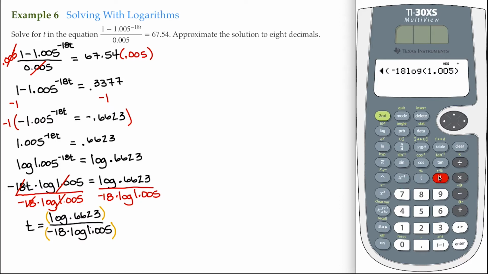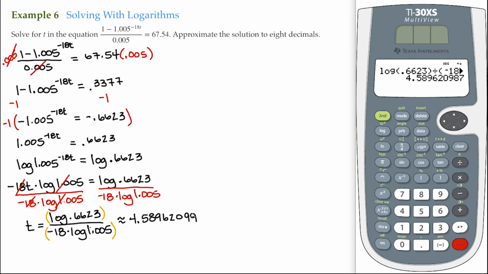Close that off, and then close off the denominator, this part right here. And hit enter. So this is approximately equal to 4.58962099.